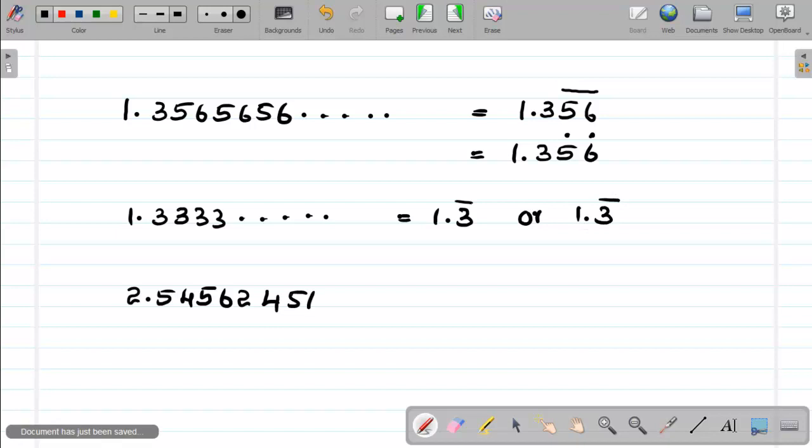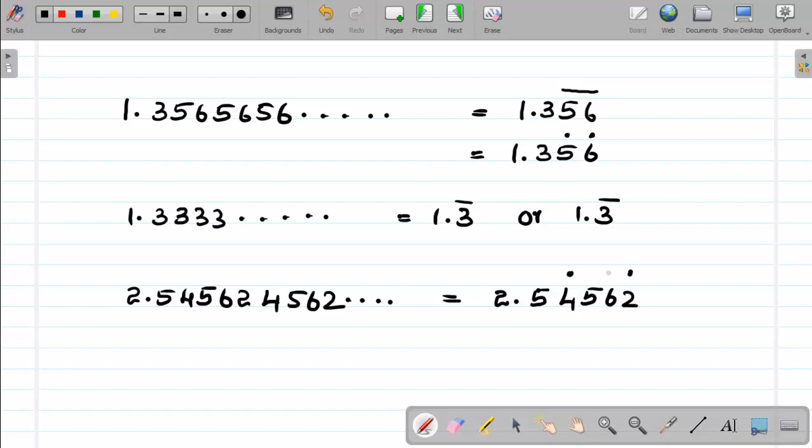Next, consider 2.5 4562 4562 and so on. That shows that first comes 5, then 4, 5, 6, 2, 4, 5, 6, 2 repeating. These digits 4, 5, 6, 2 are repeating. 5 is not repeating, so we start the dot from 4, that is from the starting digit, and at the ending digit you have to put a dot.